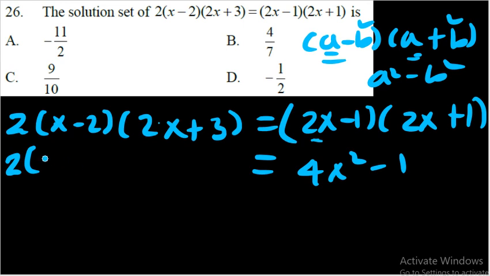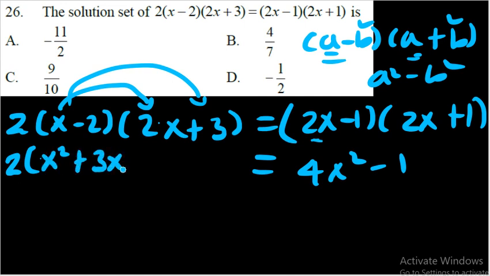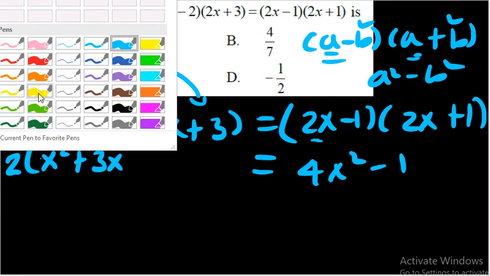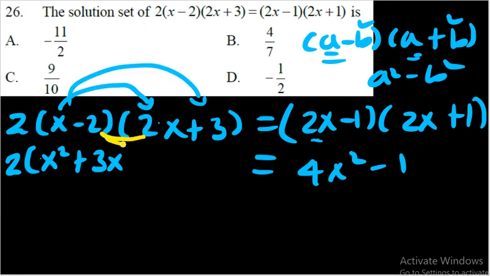x times 2x will be, this x will multiply each of them. So it will be x square plus 3x. Again, the negative 2 will multiply each of them in the same manner. This also will multiply each of them. So it will be negative 4x minus 6.